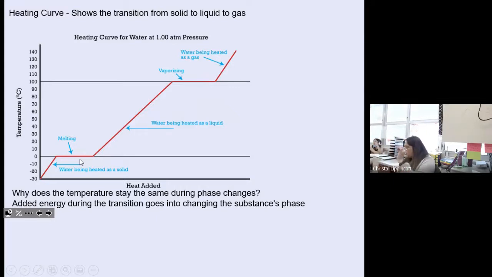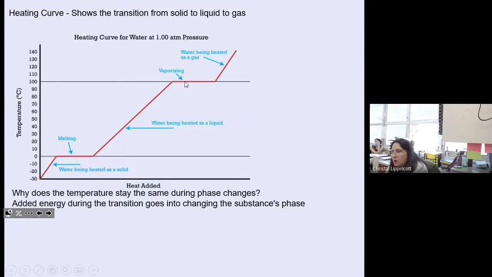All of that thermal energy is going in to weaken those IMFs. That's what's happening. Once those IMFs are weakened and you don't have any solid present, then that thermal energy can go in to heating up that, what phase are we in here? Liquid. Then we get to this point, and this should have been a perfect straight line for 5 minutes on your graph.